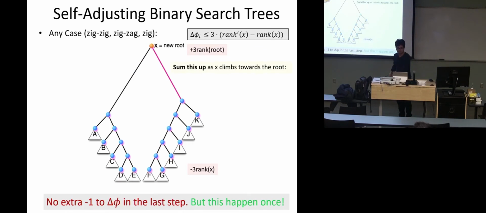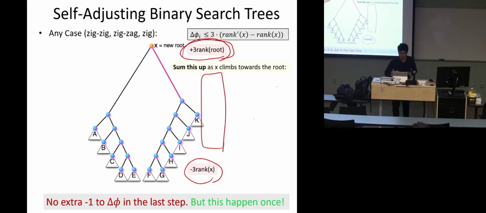So you basically get this cancellation. You get a telescoping sum, and at the end the change in potential is this guy minus this guy, because everything in between gets cancelled.